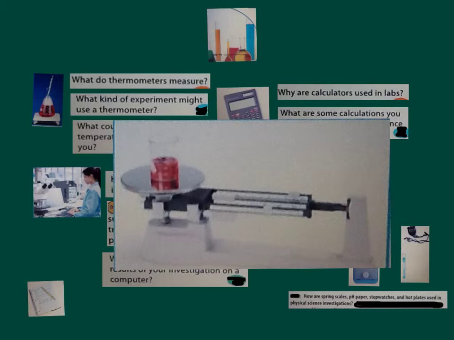Two common types of balances are the electronic balance and the triple beam balance, which I'm showing you right here. This is a triple beam balance. In order to get the most accurate measurements when using a balance, it is important to calibrate the balance often. Those will be done for you. You won't have to do that, but it's just a measure we take to make sure that the weights are correct so that we get the right measurements.